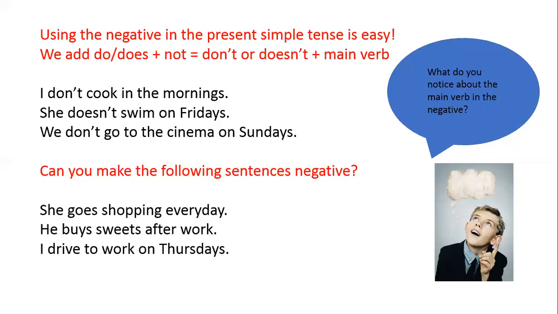So in the negative, the main verb stays the same. We don't change it to goes or does or buys or works. It stays the same in the infinitive form. So she doesn't go, not she doesn't goes. That would be wrong. She doesn't go shopping every day.